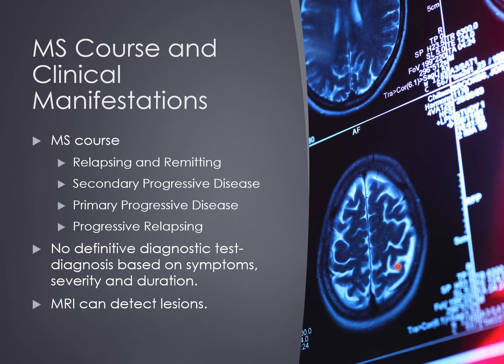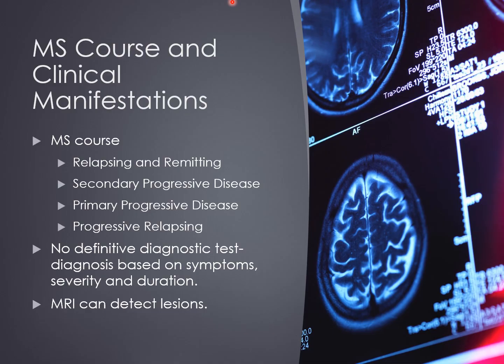Now instead we see just really sort of gradual deterioration with no periods of symptom-free time. And superimposed on that gradual deterioration, they may still have acute episodes where symptoms get worse, and then they never really return to a symptom-free state. So that's secondary progressive disease.